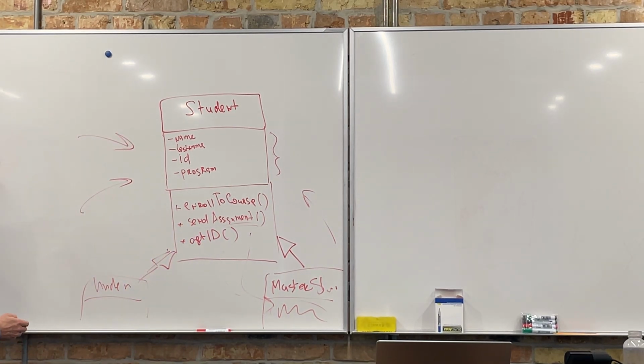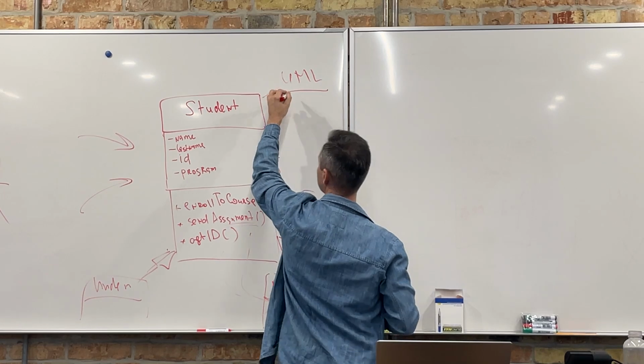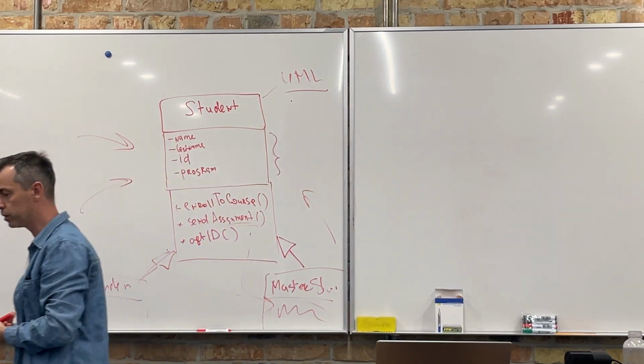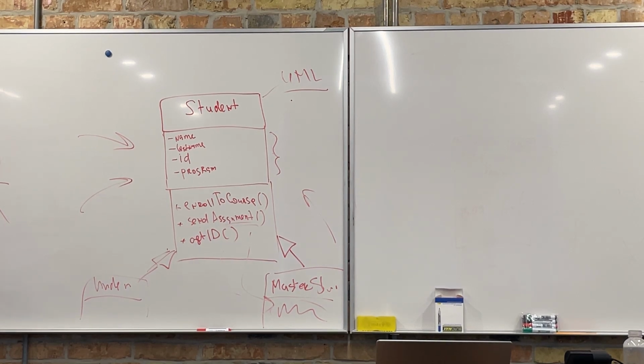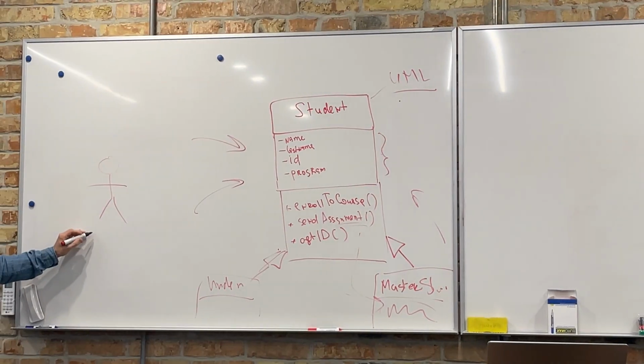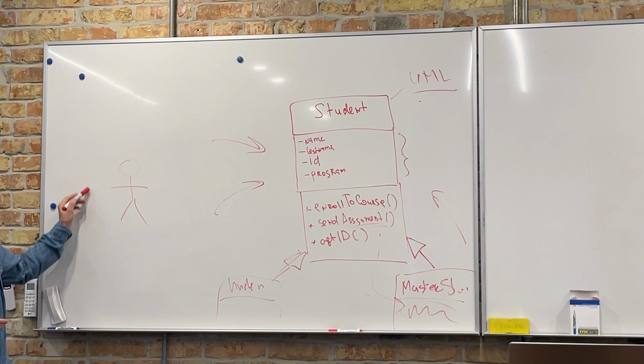So, for example, in UML, and by the way, this is a UML class diagram, so this is not just a drawing. In the Unified Modeling Language, we have this representation of a user, like a person, with this actual drawing.